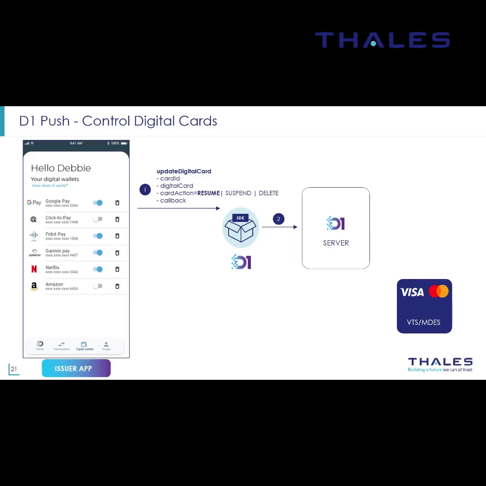The SDK communicates the digital card state update request to the D1 backend, which will then forward the request to the respective TSP. Lastly, the SDK notifies of the state change in the onSuccess callback under number 4, which the issuer application should observe to show a user notification or to perform a user interface update.